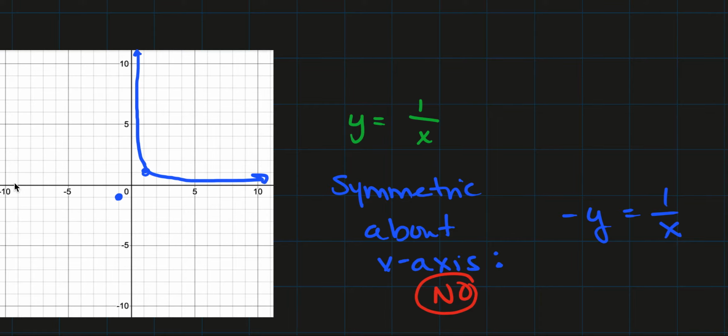It's going to go through 1, negative 1. It's going to look something like this. So you can see that if you flip it along the x-axis, the mirror image is not going to be here. Along the y-axis, these two pieces aren't going to lay on top of each other. But if you rotate this one and put it here, you're going to get the same thing. So it is symmetric about the origin.